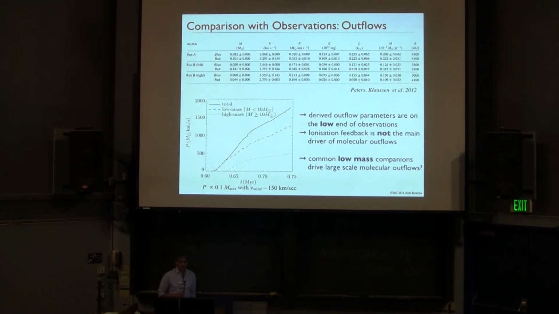But in this simulation, there are no outflows present from these stars because they are not modeled. So that could be an explanation. So it kind of matches the observation, but all these have the tendency to be really on the low end, where it seems there's a missing piece here for driving these outflows.